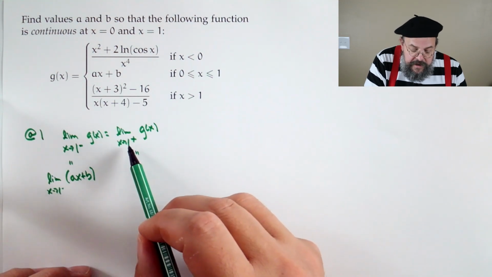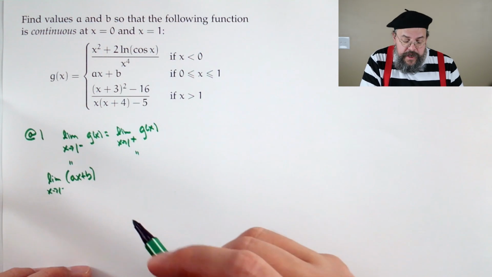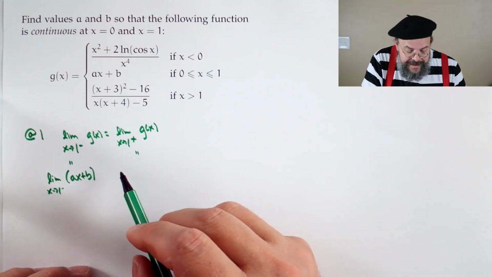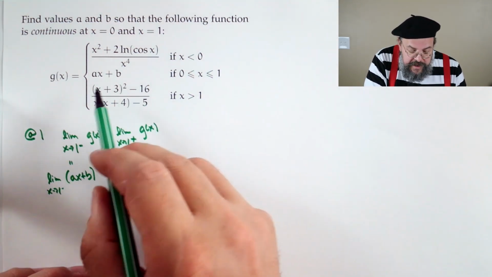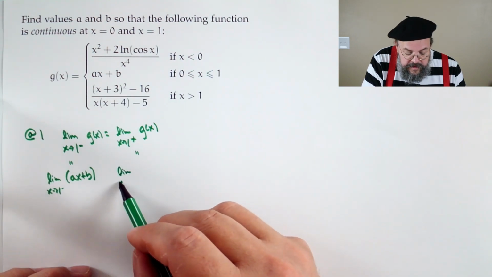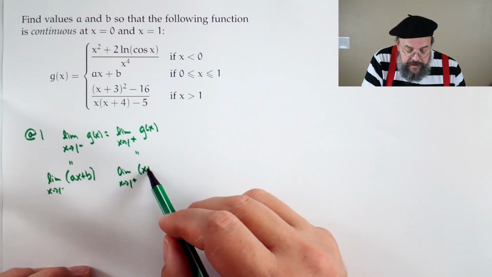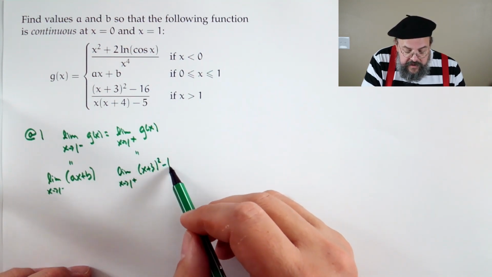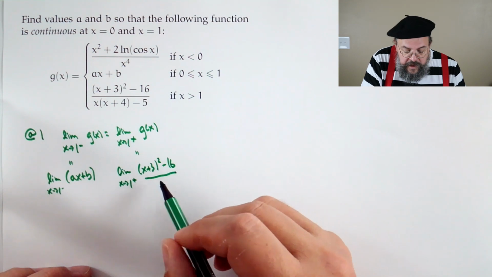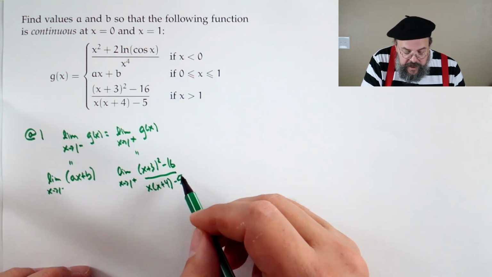And when I'm above 1, I look like this sort of unusual expression, but it is what it is. So I can replace g of x by this rational function: the limit as x approaches 1 from above of (x plus 3) quantity squared minus 16, all over x times (x plus 4) minus 5.